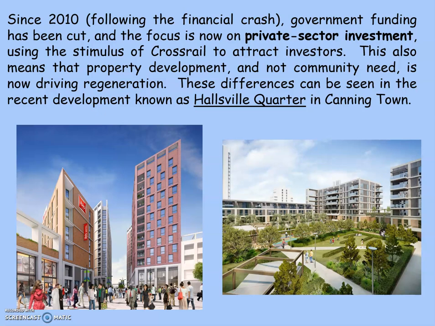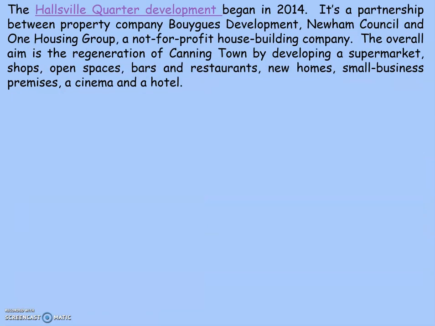However, since 2010, the financial crash, government funding has been cut, and the focus is now really on private sector investment. And they use the stimulus of Crossrail to attract those investors. The Hallsville Quarter in Canning Town is an area that has seen that development, a good example of where private sector investment has taken place.